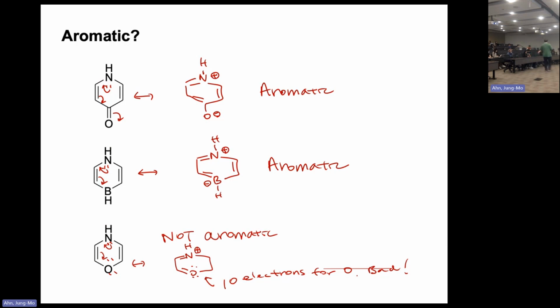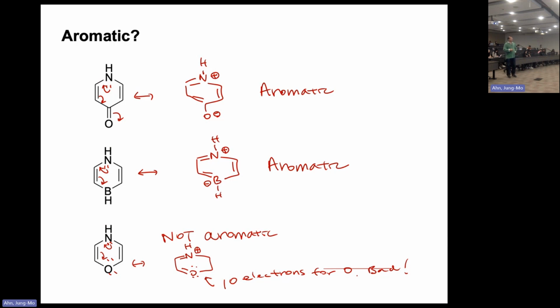But that oxygen is really in bad shape. If you count the number of electrons in the oxygen, it's going to be 10 electrons. This oxygen already has 8 there, and you just gave 2 more. So this is a 10-electron oxygen, which violates the octet rule in another way.